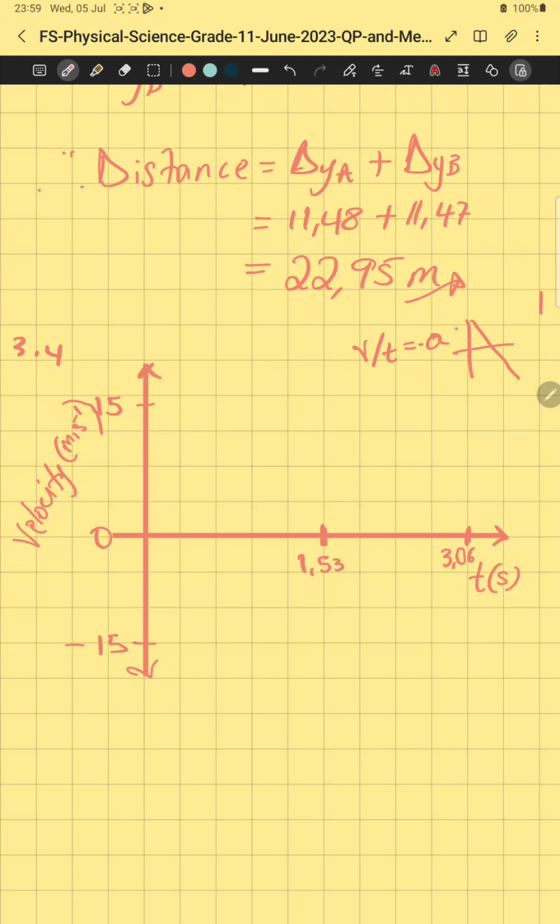Now to draw the motion, we take it from the initial velocity, passing through there and going straight to the final point. It must be aligned with the final velocity as well as the time. This is the final, the same velocity.